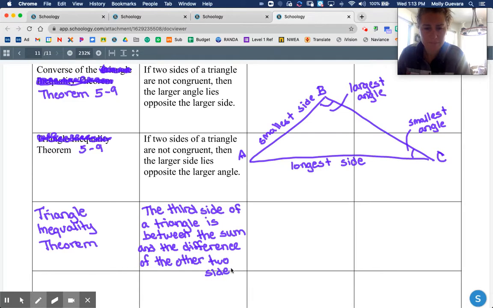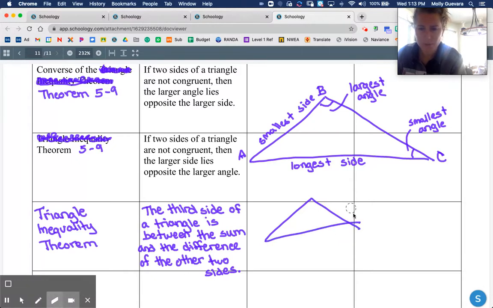Okay, so the third side of a triangle has to be between, if I add up the two sides, that's going to be the maximum. And then if I subtract the other two sides, that will be the minimum. So I'm just going to draw a quick little triangle here.